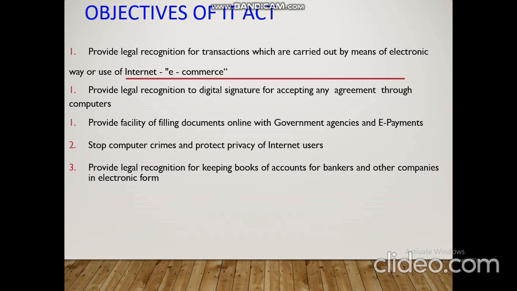It also provides facility for filing of documents online, and it authorizes any undertaking to store their data in electronic storage. It also prevents cybercrime by imposing high penalties for such crimes that protect the privacy of internet users. And it also gives legal recognition for keeping books of account by bankers and other undertakings in electronic form.